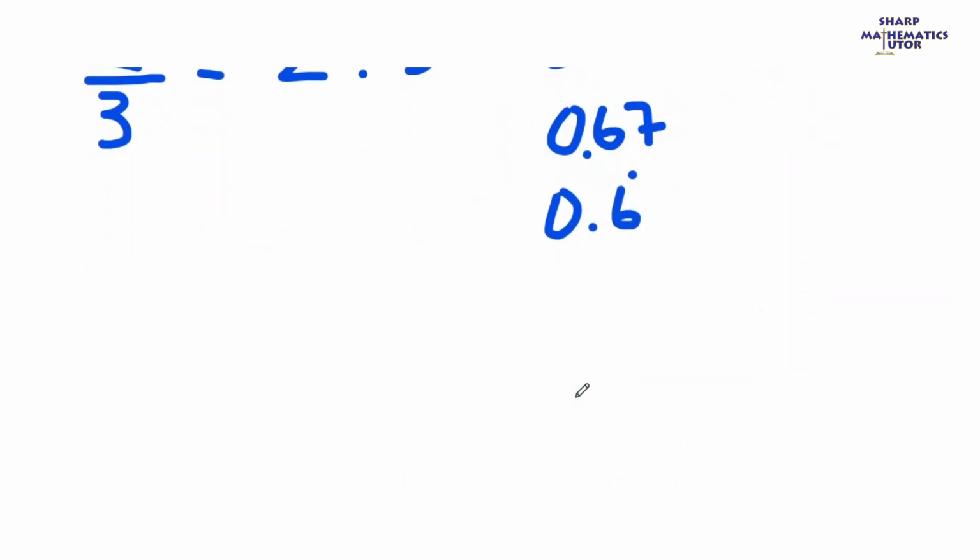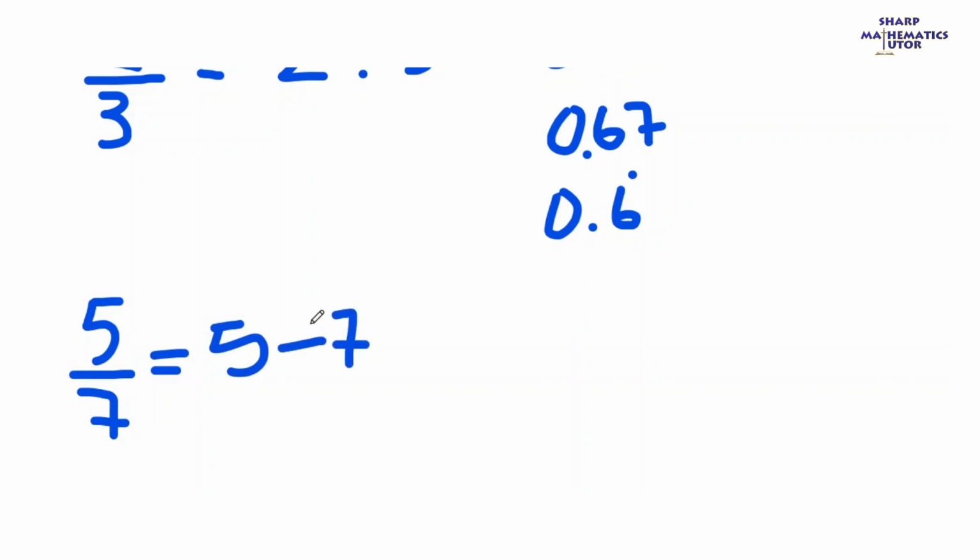So we have 5 over 7. 5 over 7 is also another example. So 5 over 7, like we're saying 5 being divided by 7. Alright, and that would be equal to 0.714285.